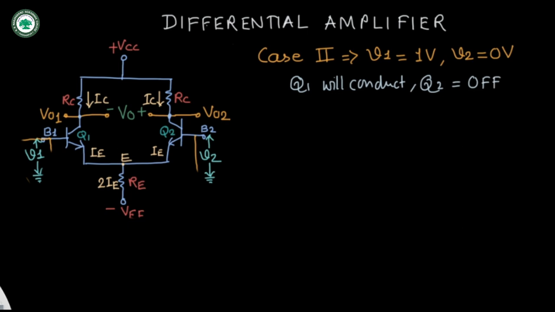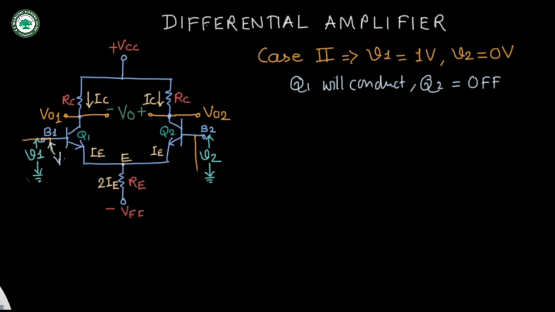Now if we consider the common emitter terminal E, what will be the potential at this E point, which is common to both the emitters? Now let us look at the left side of this circuit.